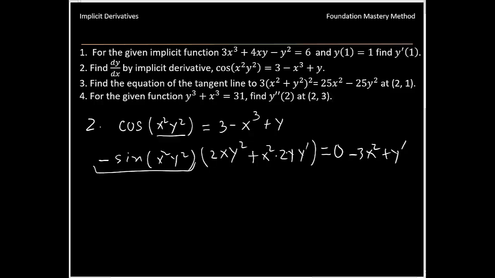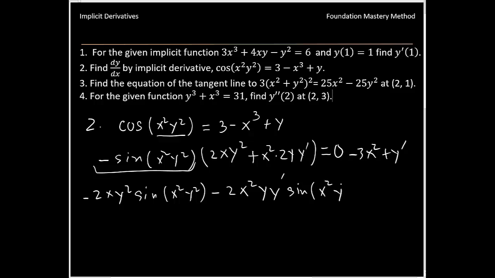So we get negative 2xy squared sine x squared y squared minus 2x squared y prime sine x squared y squared equals negative 3x squared plus y prime.